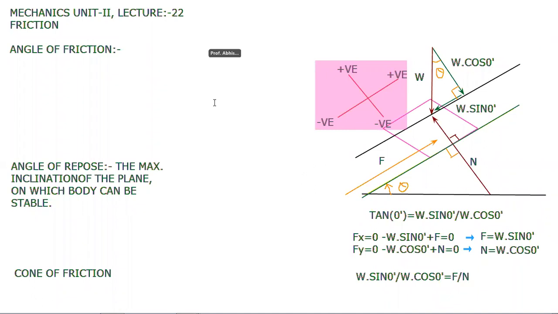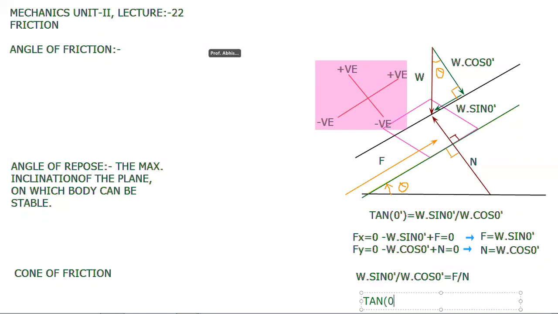From this equation, W will get cancelled. Remember this: this W and this W get cancelled, and sin theta divided by cos theta gives you tan theta.